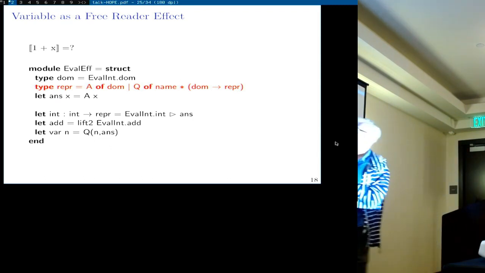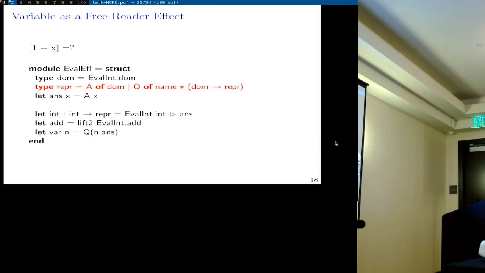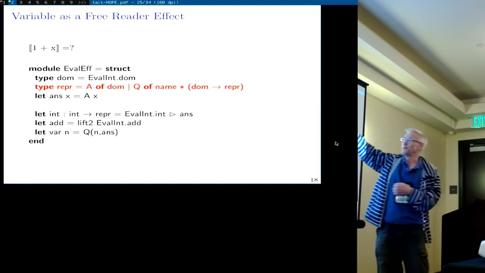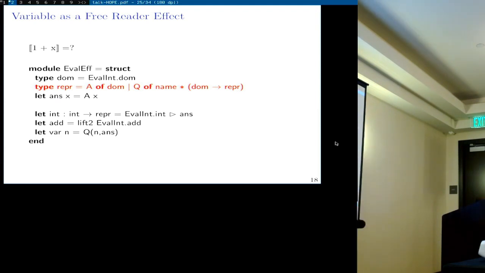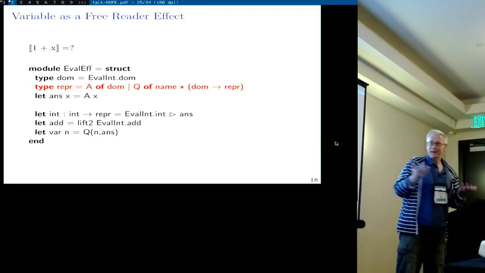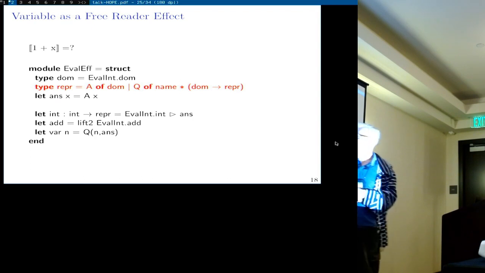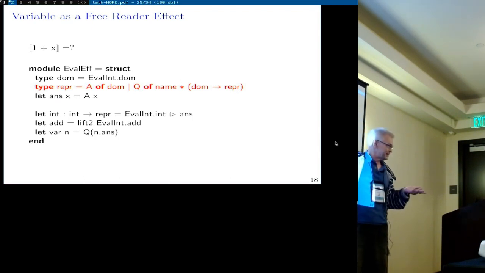So a different way of using variables is the free effect or reader effect, right? If we look at the expression 1 plus x, what's the denotation of it? Well, the denotation of 1 is 1. And for x, we don't know. So the denotation of 1 is the answer, so we know what it is. And for a variable, we don't know what it is, so we ask.